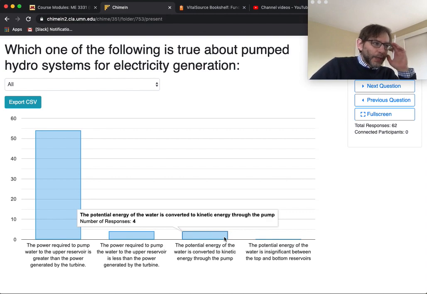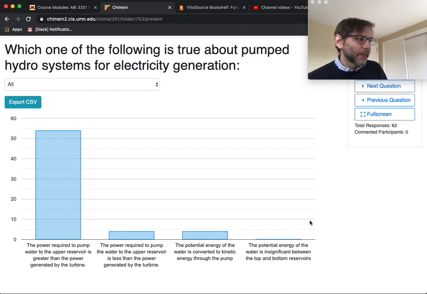So the potential energy of water being converted to kinetic energy doesn't even make sense here, because if it would happen, it would happen in the turbine. The turbine would be the thing that converts the potential energy into work. So there are a couple of things wrong with this answer. And then nobody said the potential energy is insignificant between the top and bottom reservoirs. That's just downright silly. Okay, so we figured that out.